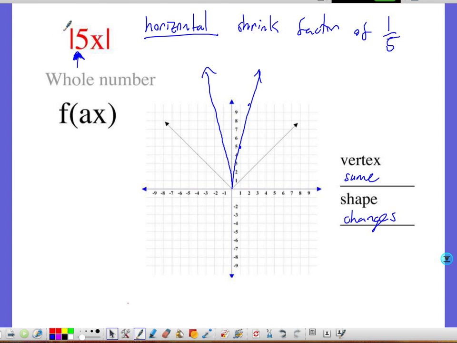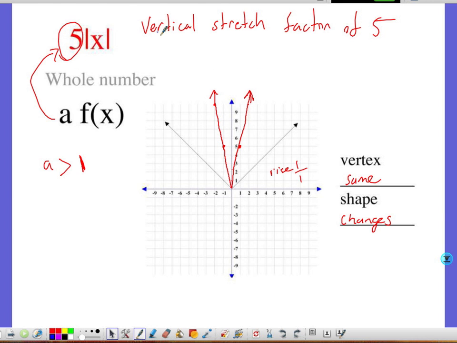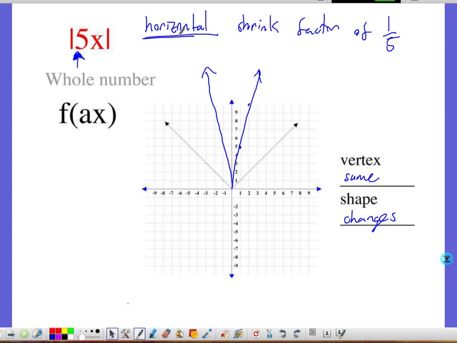Every time you have a number on the outside, it's called the vertical something. So here are numbers on the inside, horizontal. And also the important condition for this is that a is larger than 1. So as you can see, here's the mathematical notation. A is 5, which is larger than 1. So it is a horizontal shrink, factor of 1/5.